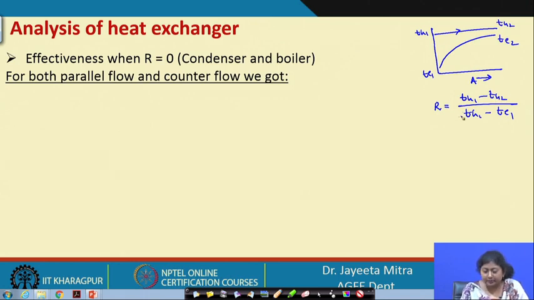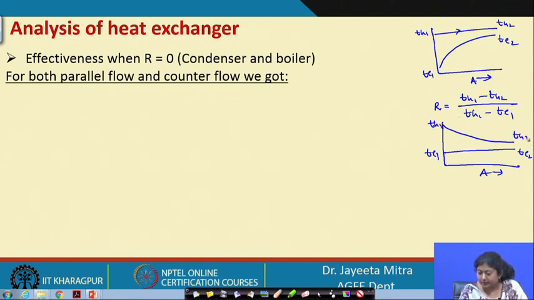Similar thing happens in case of the evaporator, but in case of evaporator, the cold fluid will be constant, TC1, TC2, and the hot fluid will eventually decrease, TH1, TH2, right.